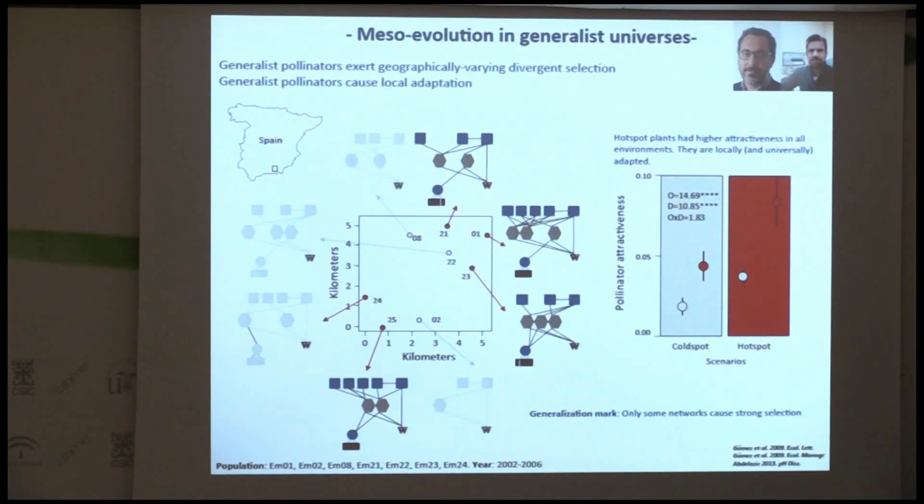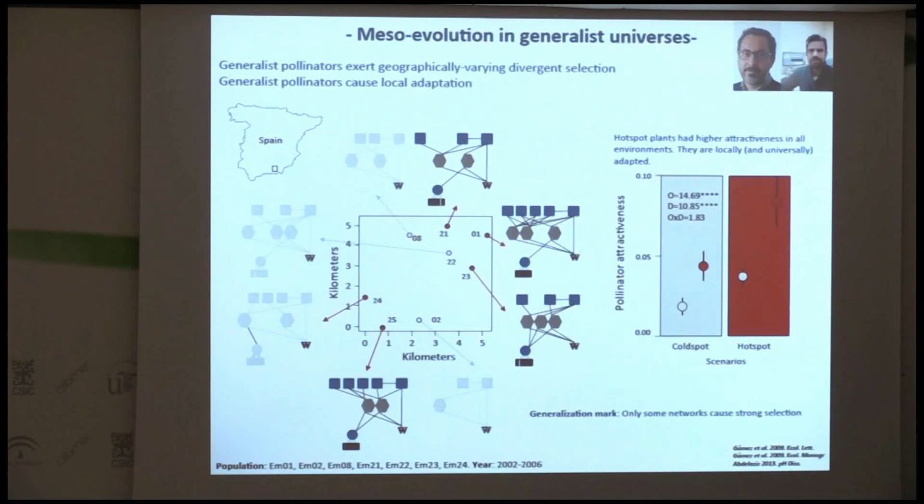We have systems in which the exact composition of pollinators belonging to a specific functional group, having a high effectiveness, good preference, and good abundance, probably in those exact populations there is strong selection. In another population, probably selection is weak. That is, in a generalist system, you cannot see the evolution of traits everywhere, only in some places. And this is very difficult.